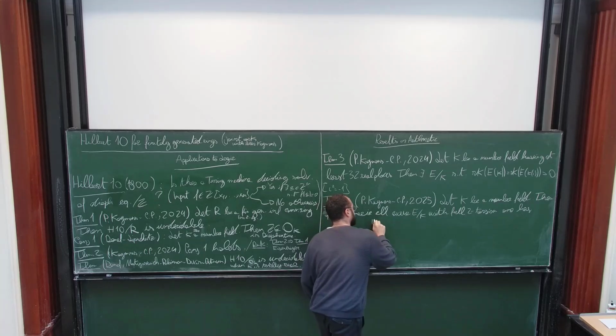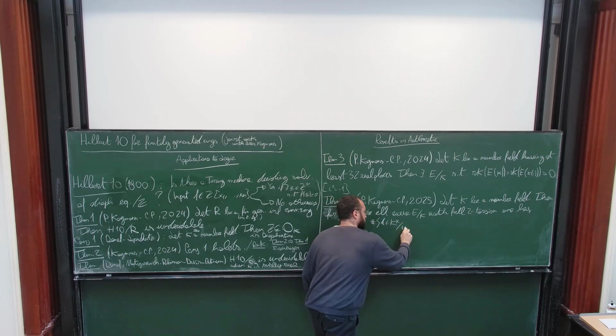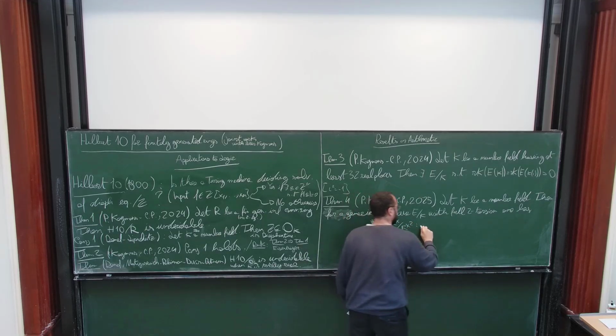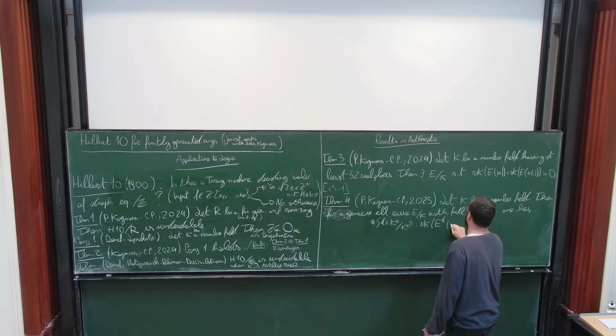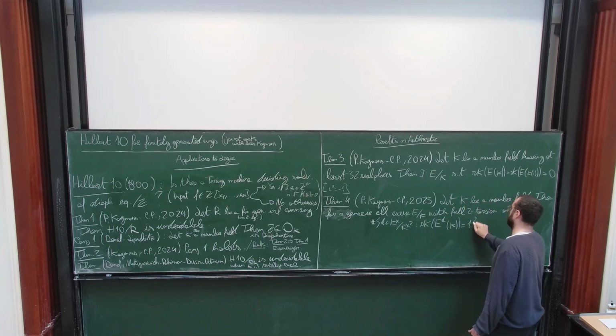So the cardinality of the set of twists such that the rank of E over K equals 1 is infinite.